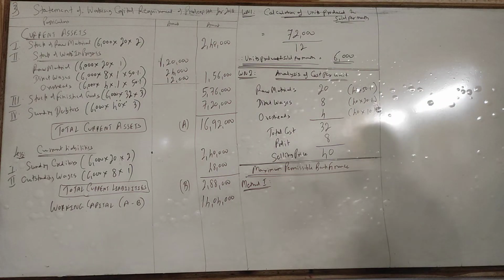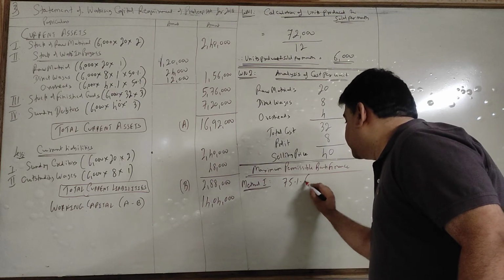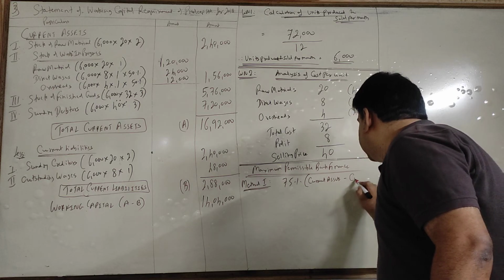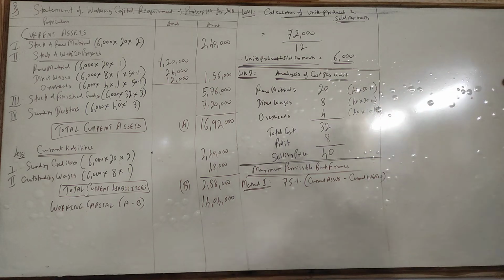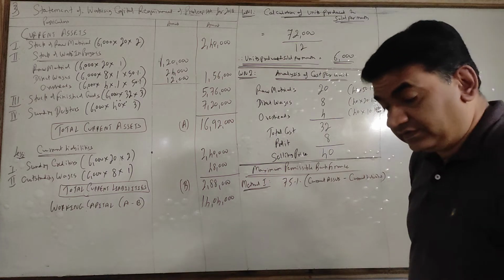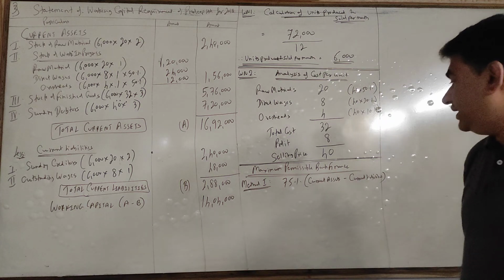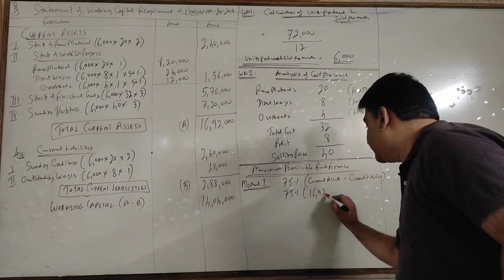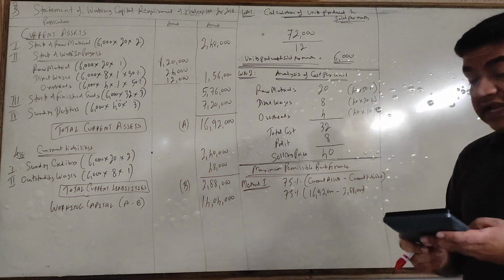Method 1. Now what is method 1? What I told you: it is 75% of the difference between current assets and current liabilities. Substituting further, current assets 16,92,000 minus 288, automatically it is 14,04,000 only.